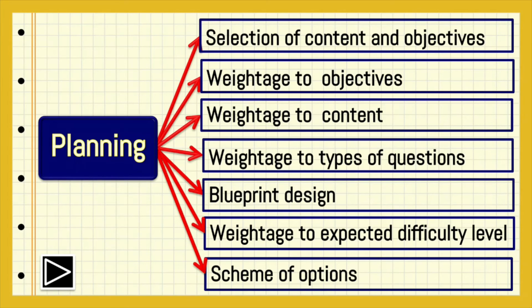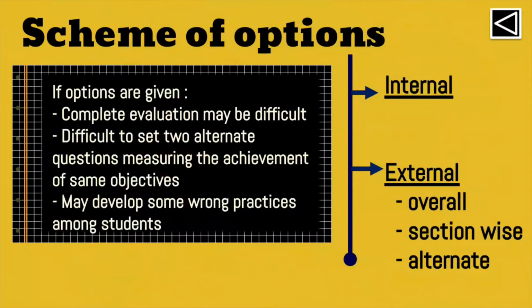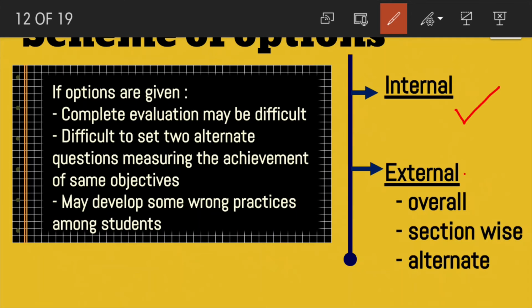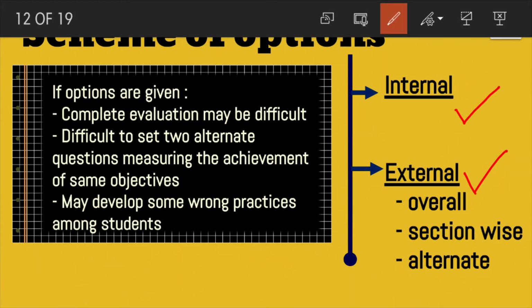In the stage of planning, the last point is scheme of options. In a question paper, two types of options can be given, namely internal and external. In the internal options, option is given within a question, whereas in the external options, you can give overall, section-wise and alternate option. Dear students, we need to remember that in unit test, options should not be given.